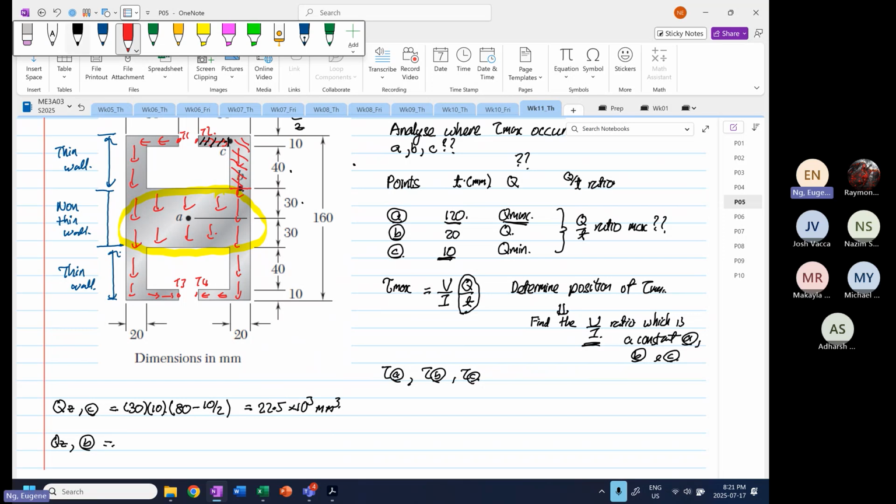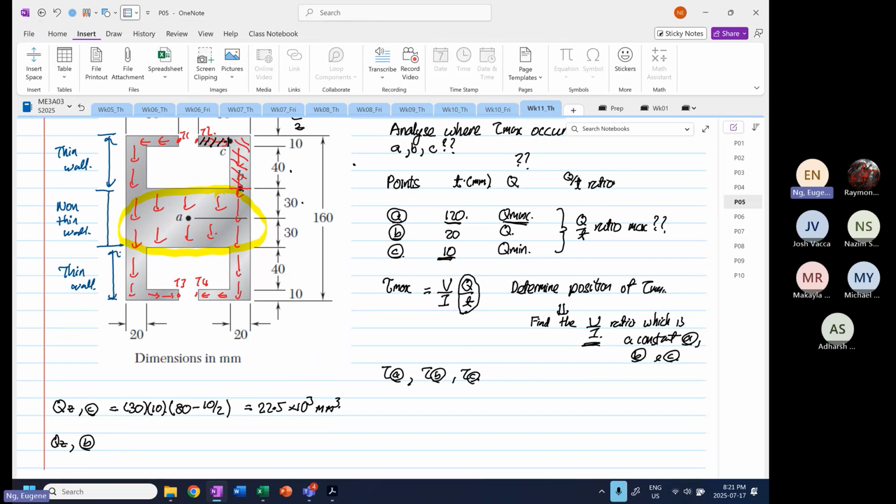So we have 22.5 times 10 to the power 3, plus the width is 20, the depth is 40 plus 10, which is 50.